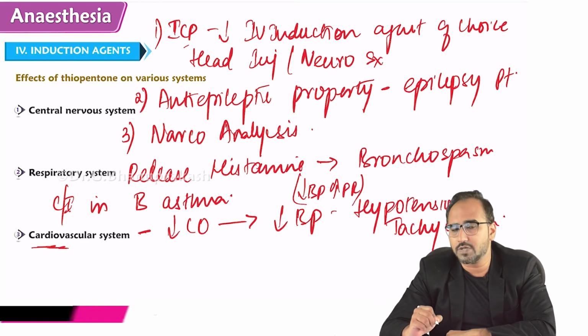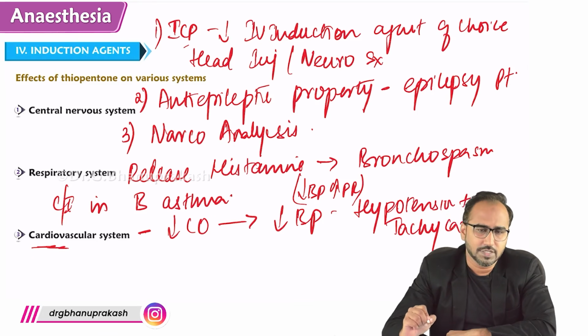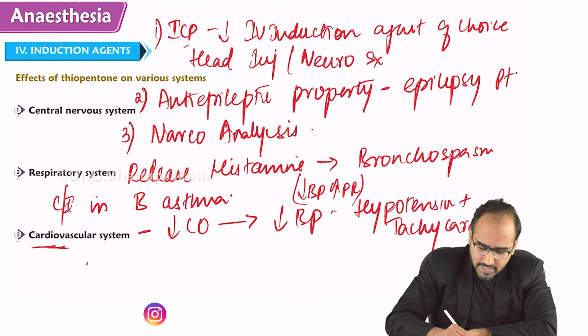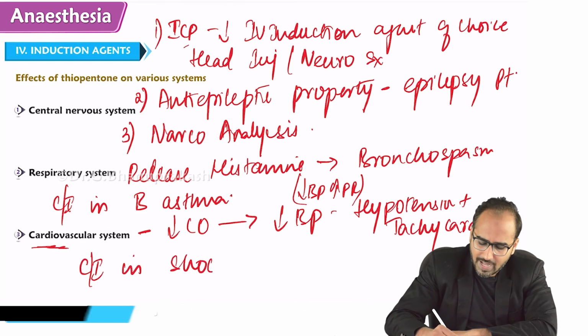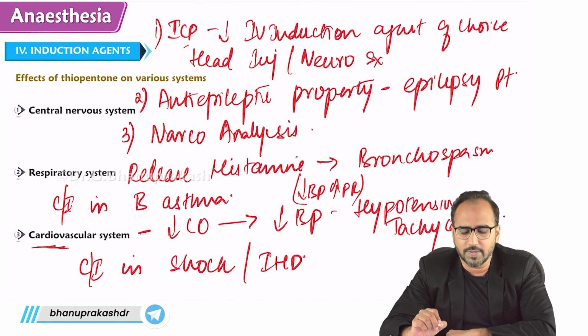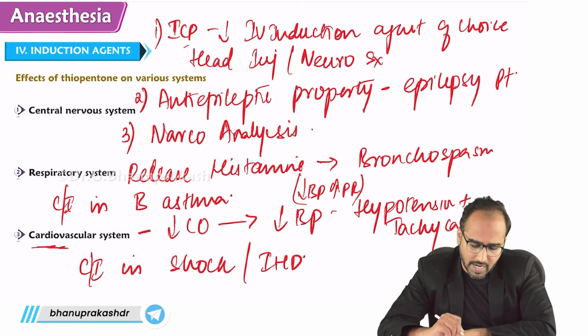Right? Can you give sodium thiopentone to a patient who is in shock? No, sir. So again, cardiovascular system means enemy or friend? Enemy, meaning contraindication. Hence it is contraindicated in shock as well as ischemic heart disease.